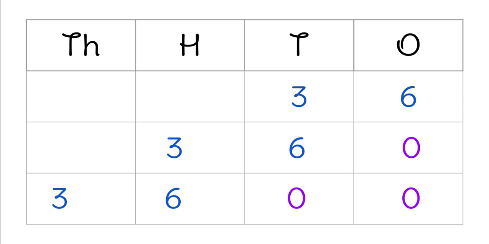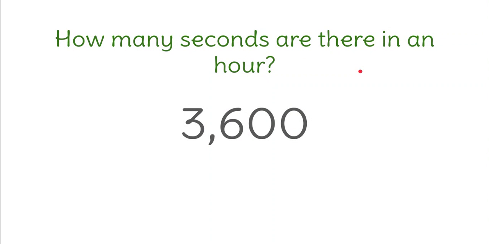And 60 times 60 is 3,600. You can see that as we've times each of our 6's by 10 again, the answer has also been made 10 times bigger. So well done if you got it right at home. There are 3,600 seconds in every hour.